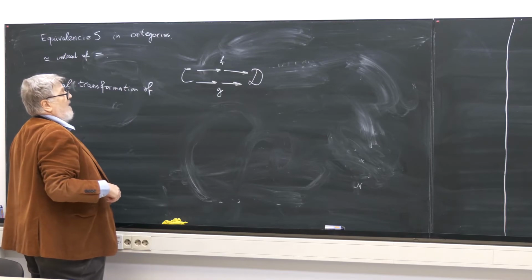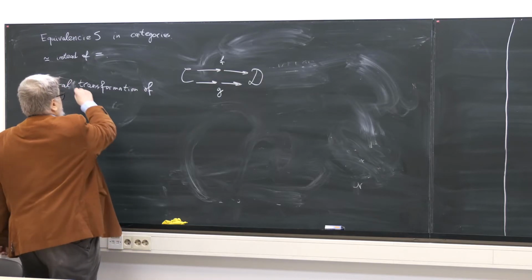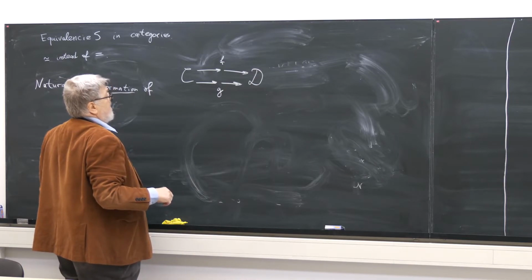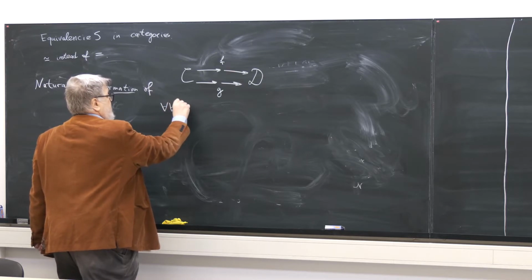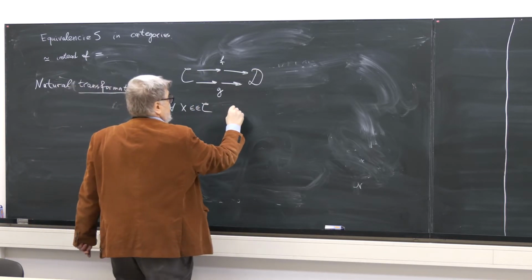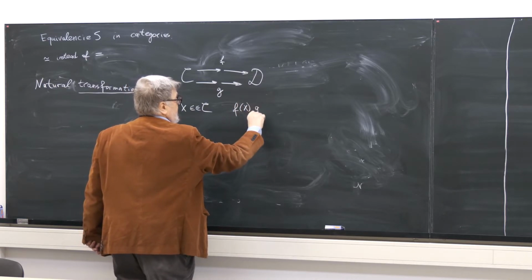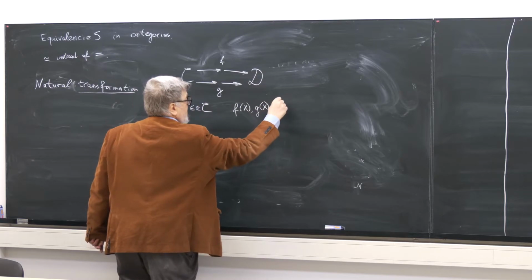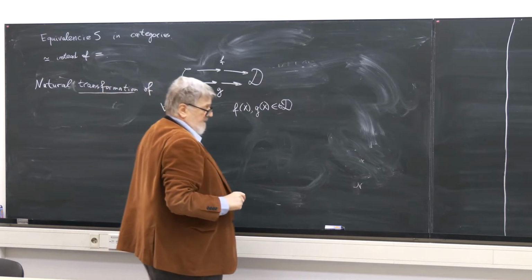We have enough letters here. So the transformation itself is the association to every object X of the category C, the two objects F of X and G of X, which are objects of the category D.